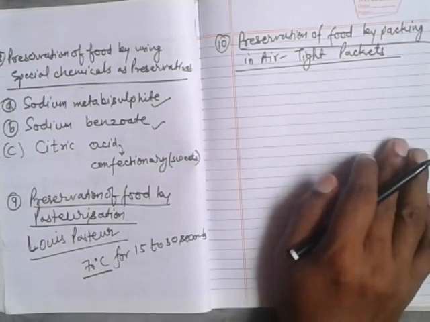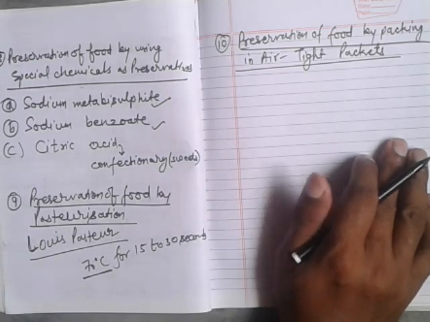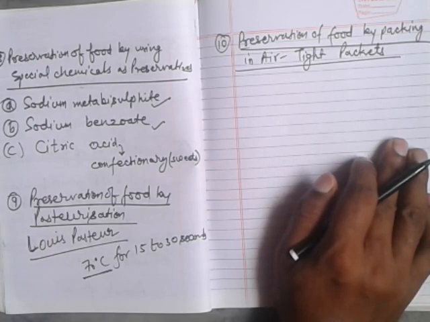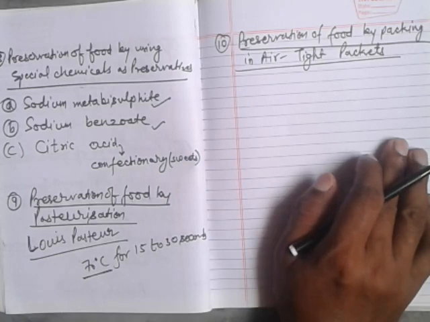Some food like dry fruits, even vegetables which are sold in sealed or airtight packets, it prevents the attack of microorganisms on them, and hence this helps the dry fruits and vegetables to remain unspoiled for a longer time.